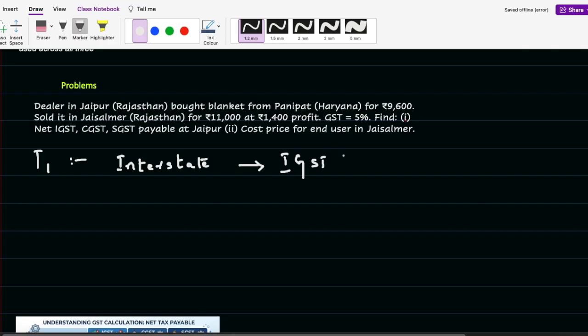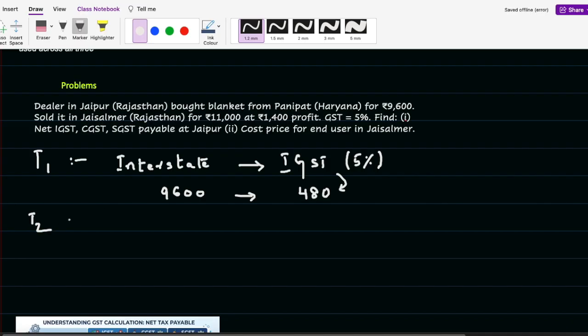IGST at a rate of 5% to be paid. This is very crucial. Then how much is that? If it is 9,600, then you will have IGST of how much? 480. 480 is your IGST. Fine. Now this is done.